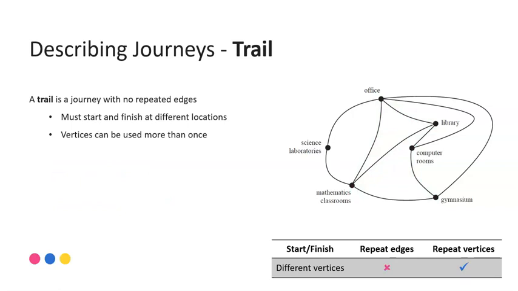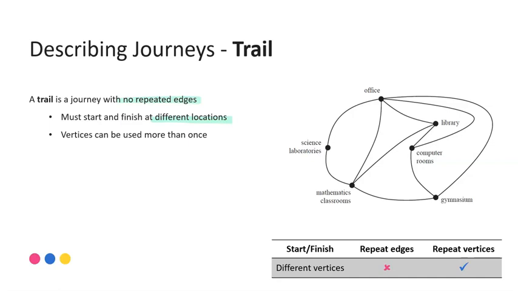The first type of journey where we start to see some restrictions is a trail. A trail is a journey where no repeated edges occur. I must start and finish in different locations, and that's another condition here. I can use vertices more than once though.